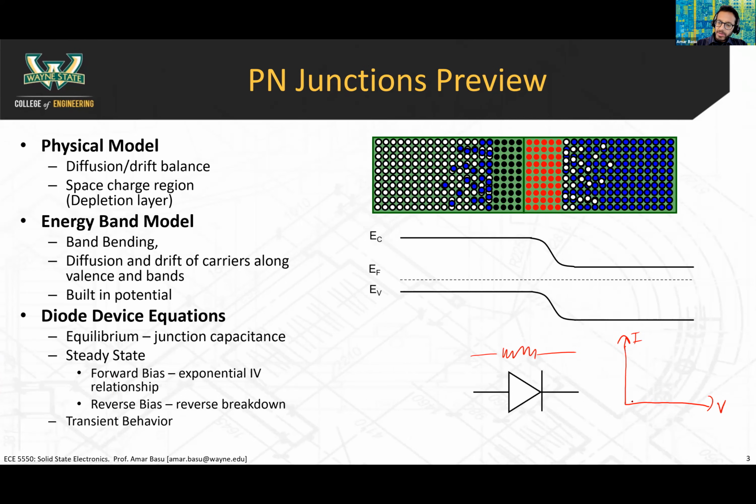In a diode, interestingly, the current voltage characteristic looks like this. This is for a diode. Whereas with the resistor, the current voltage characteristic is linear. I'll just put RES for resistor here.